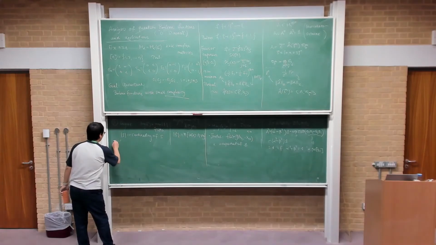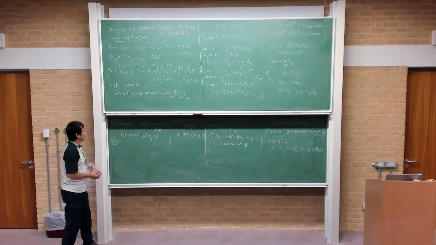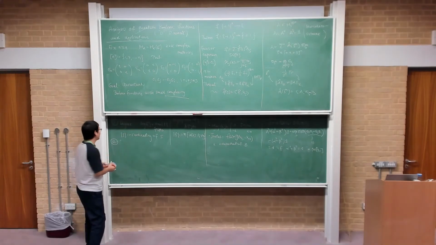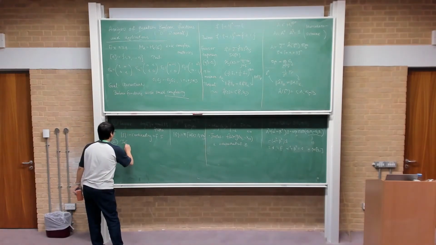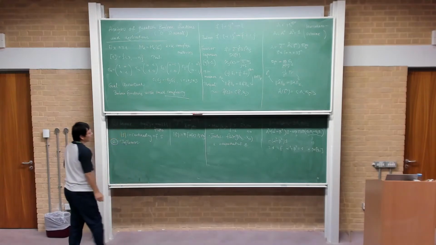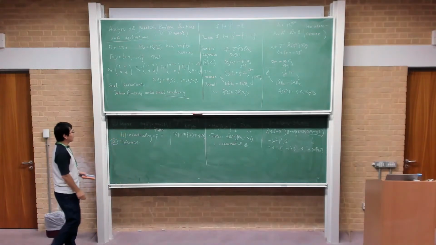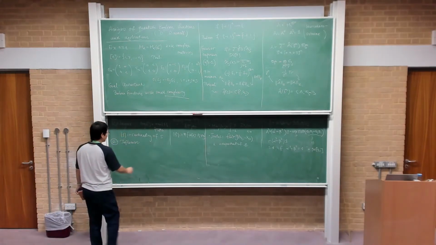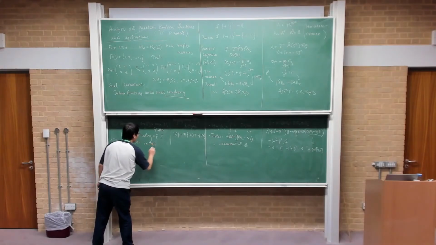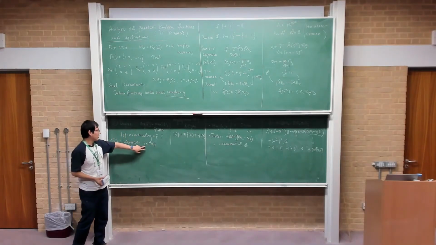The second notion of complexity here is the so-called influence. How do you define the influence? This time I first fix some coordinate i.